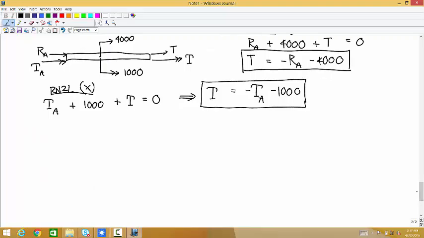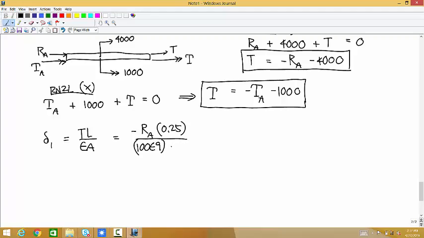Okay, so right now we're doing the elongation. The elongation due to the external forces for piece 1 is TL over EA. For piece 1, that internal tension is equal to negative RA, and the length is 0.25. The Young's modulus is 100 times 10 to the 9.